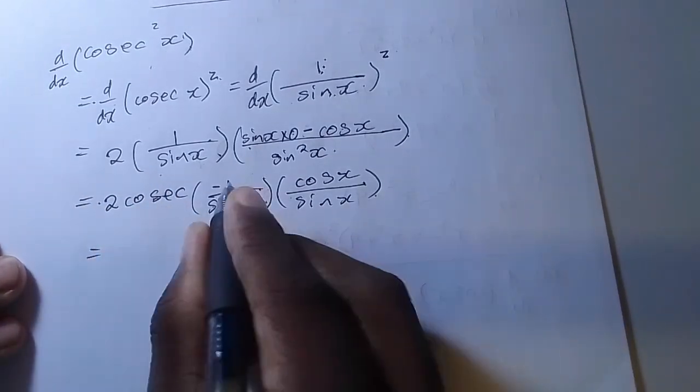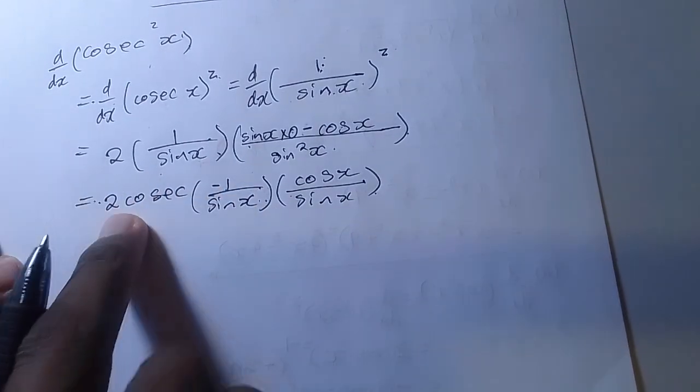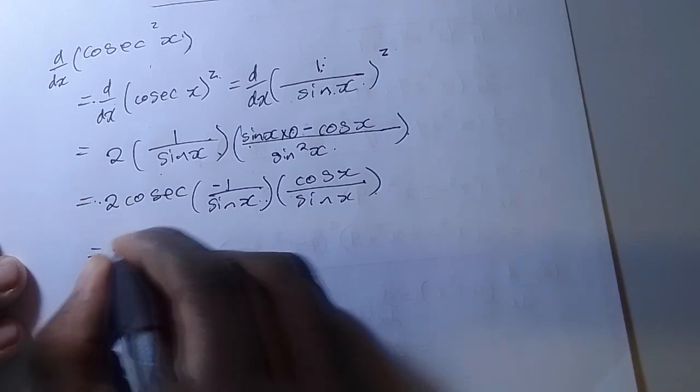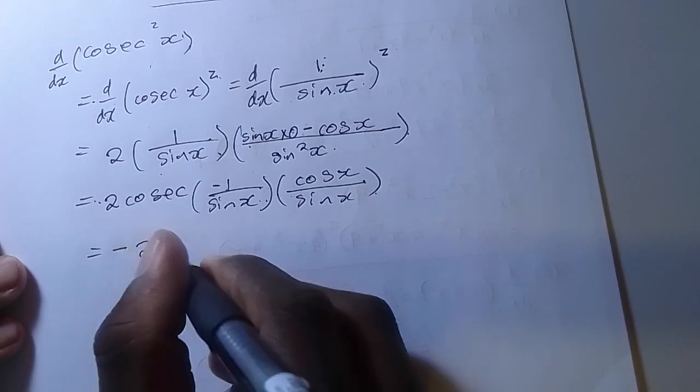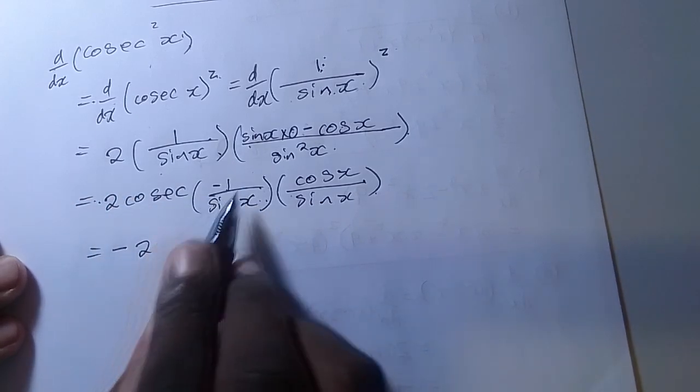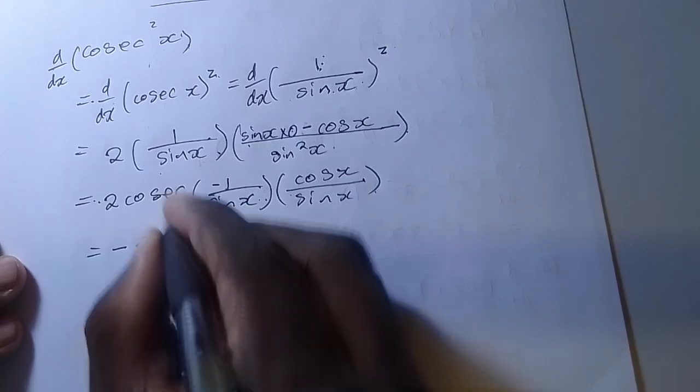Now, when we simplify, we take the negative to the front because we are multiplying everything anyways, so it will still be accounted for. This is 1 over sine, which is cosec.